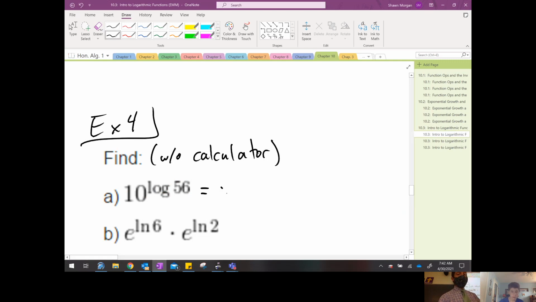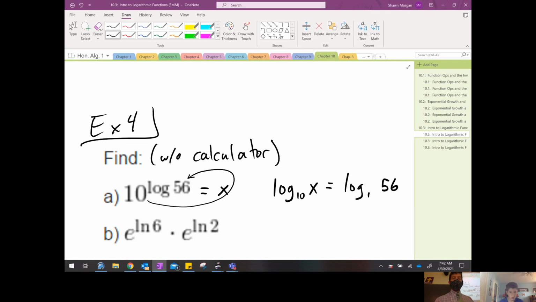Set this equal to x and do the can you see it approach. It's in exponential form. So if I were going to write it a second way, I'd write it in log form. So log base 10 of x equals log base 10 of 56.